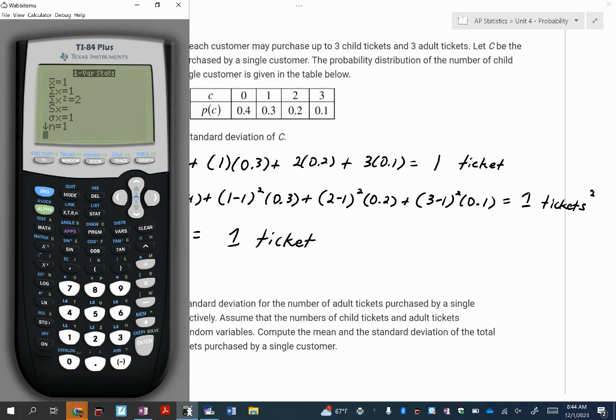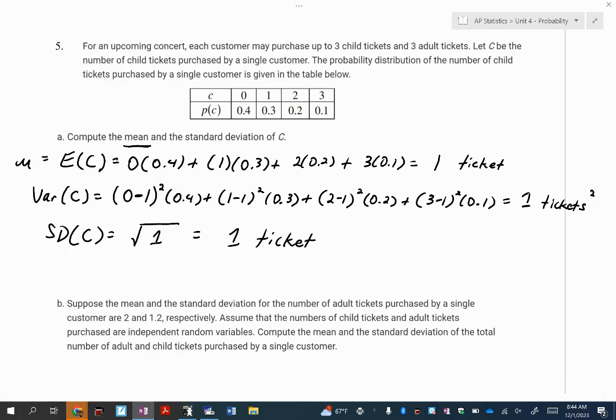Now, if you want to find the variance, you should hopefully know by now that the variance is the standard deviation squared. So all I'd have to do is square 1, which in this case, 1 squared is 1. Not a big deal when it's a whole number. What I'm saying is it's going to have a rounded number. So when you square it, you're going to have the variance, but is it technically the variance? No, it's rounded. So I try to encourage you to find it like that.